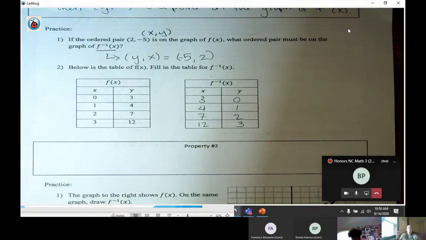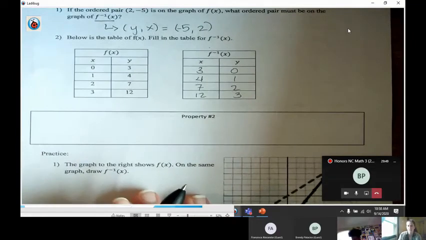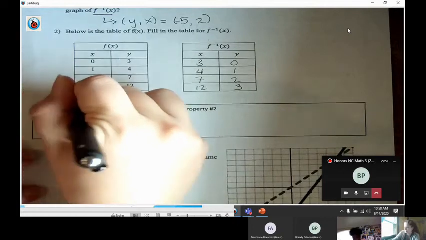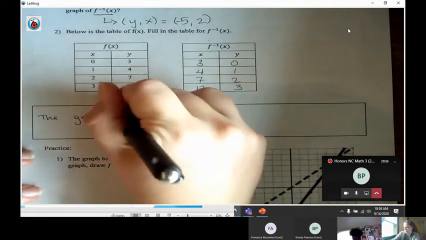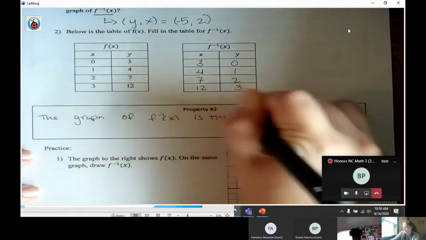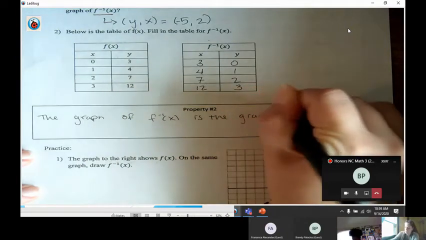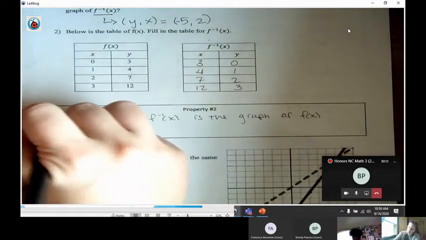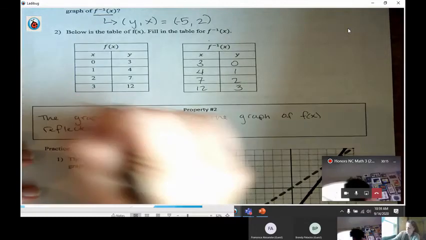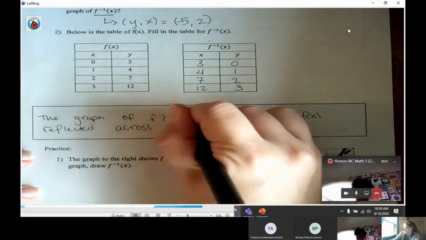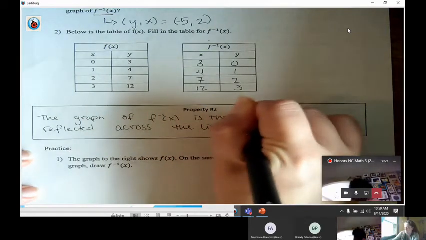Okay. So property 2, I'll try to keep it so that that example is still in the picture. It says the graph of f inverse of x is the graph of f of x reflected across the line y equals x.